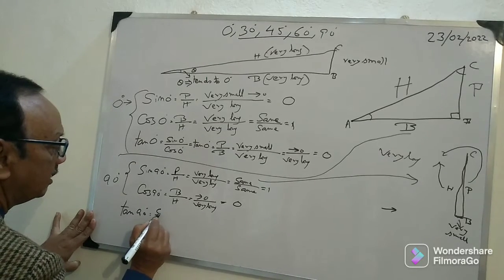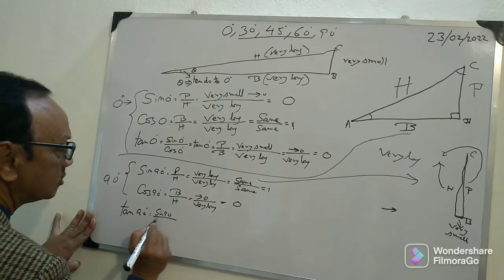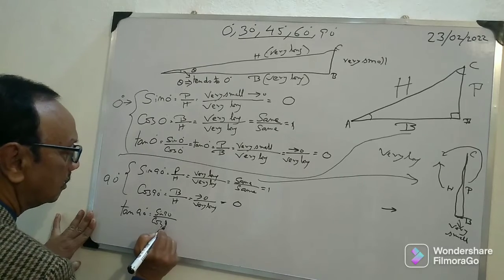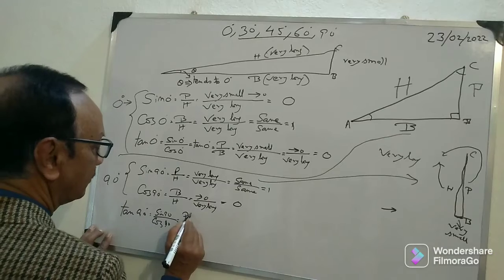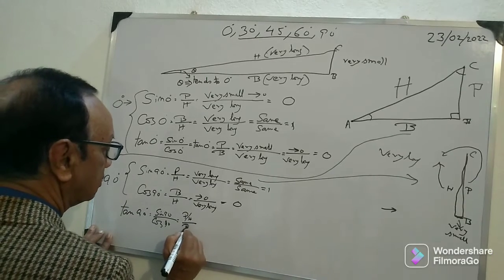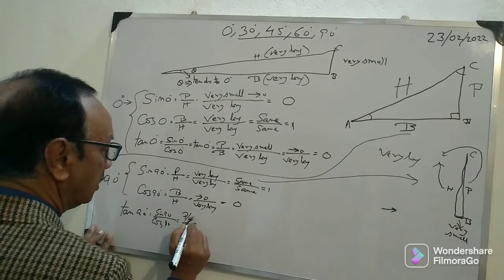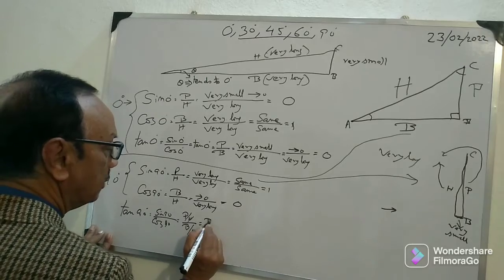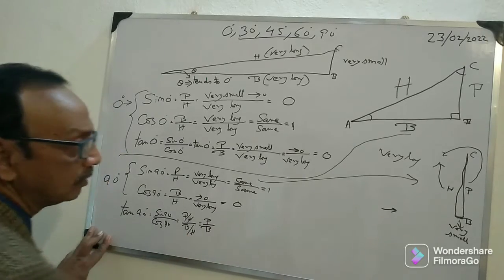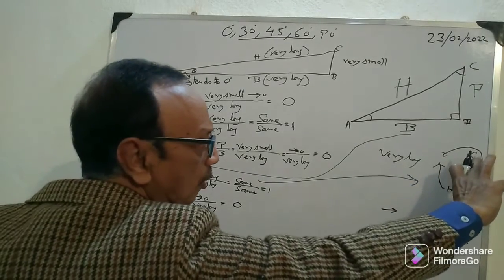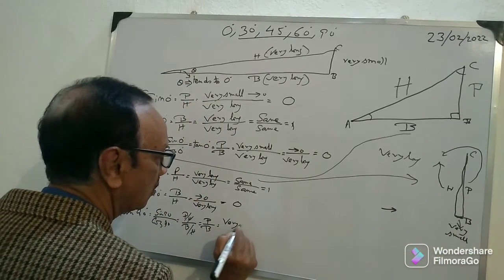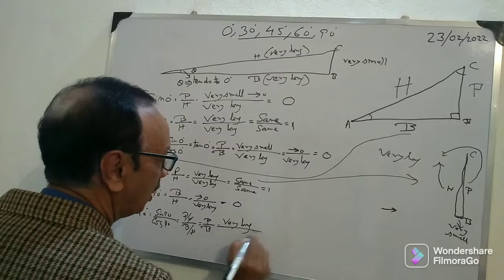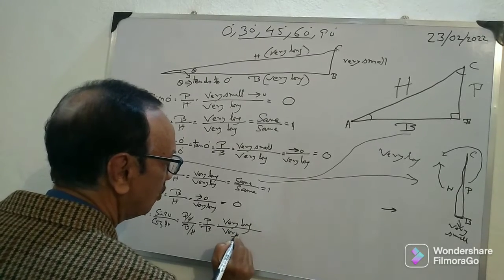it will be sine 90 by cos 90. Sine 90 means P by H and cos 90 means B by H. H cancels, so it will be P by B. Now for this, you see, very long by very small.